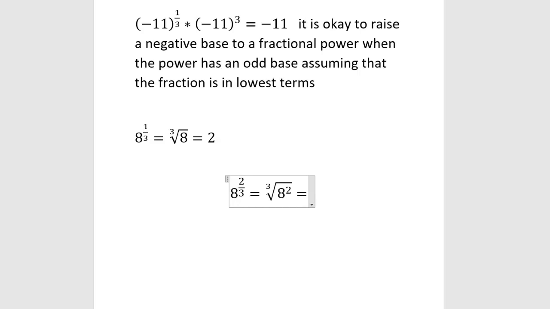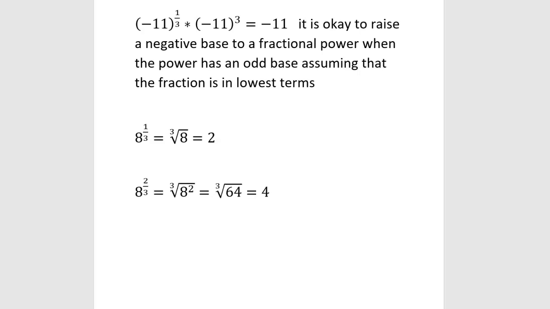Now we can clean that up. I'm going to assume you've seen this in Algebra 2. I've got to start somewhere. But that's the cube root of 8 squared, and you might be like, oh no, that's not exactly obvious. Well, that's going to be the cube root of 64. And that would be hard, but it's nice here because that's 4.